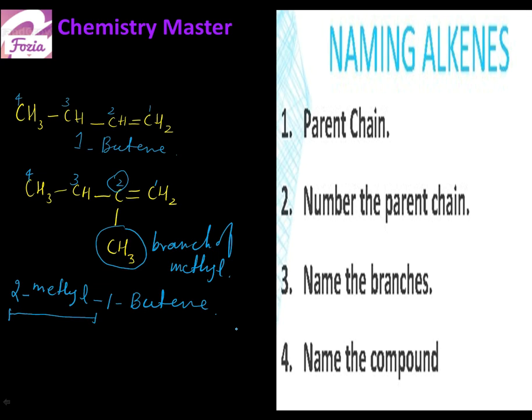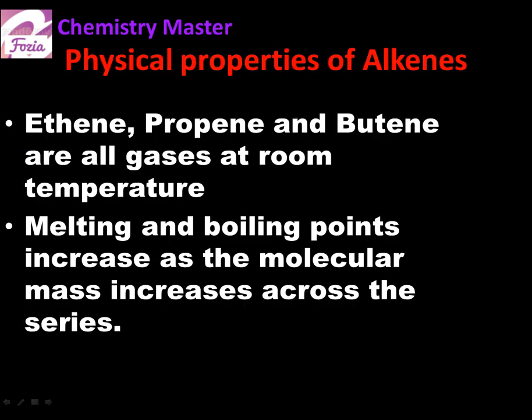Now we come ahead to discuss the physical properties of alkenes. The first 3 alkenes, including ethene, C2H4, propene, C3H6, butene, C4H8. Why am I telling the formulas so easily?